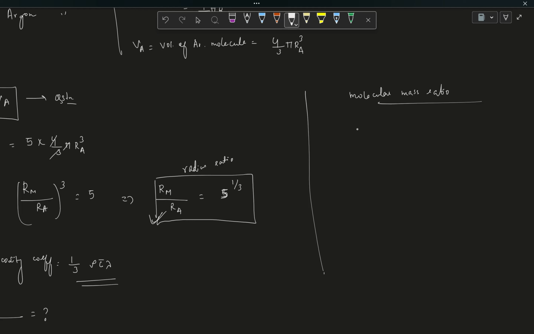It is mentioned that the molar weight of methane is equal to 16 gram, right?